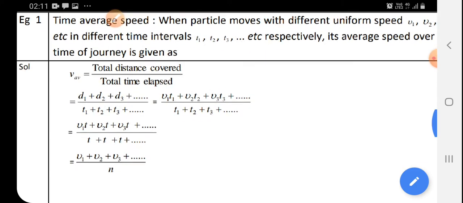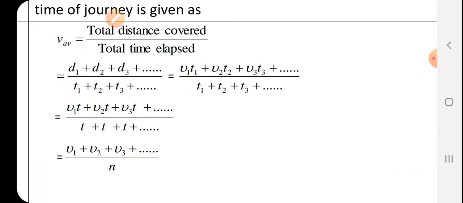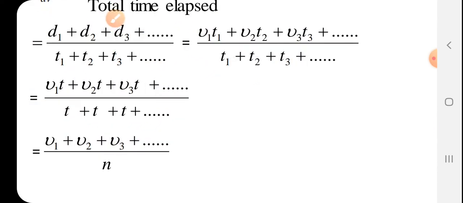Then the average speed is calculated by the relation, that is total distance covered by the particle to the total time required. Students, d1 plus d2 plus d3 is the total distance and t1 plus t2 plus t3 is the total time.